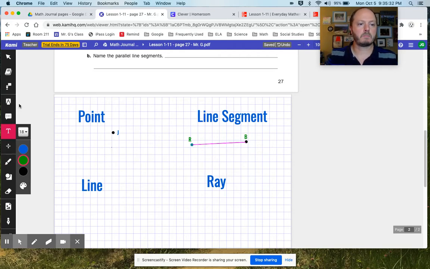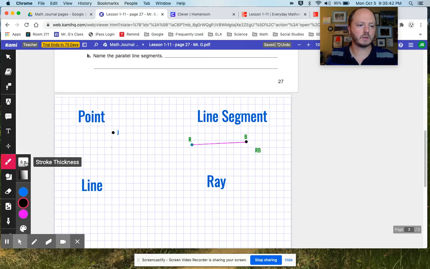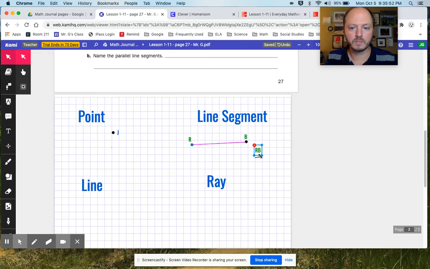And the way we write that is RB, and then we put a little tiny kind of line over the top. Of course, it's going underneath, so that's not helpful. But I can drag it up.